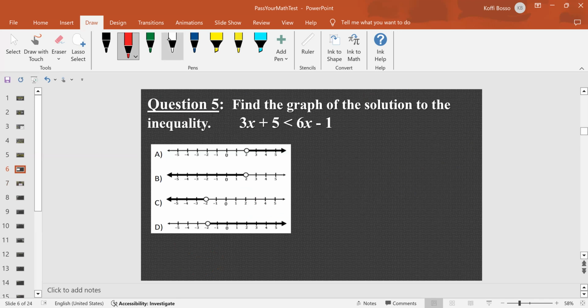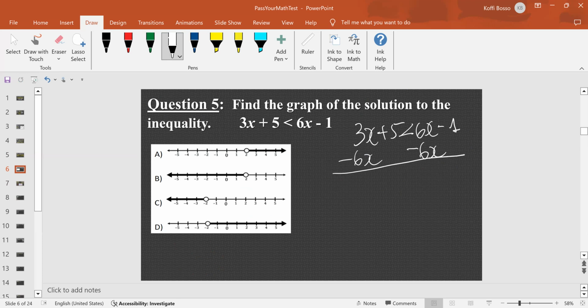To solve this inequality, if we take 3x plus 5 is less than 6x minus 1, we can subtract 6x on both sides. You're going to have negative 3x plus 5 is less than negative 1 because this will cancel out.